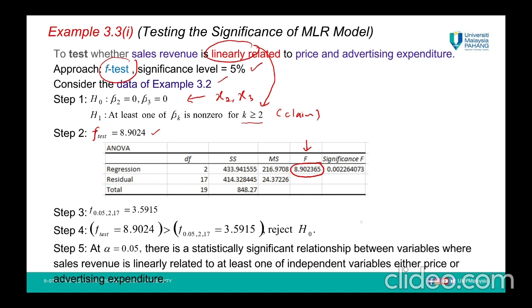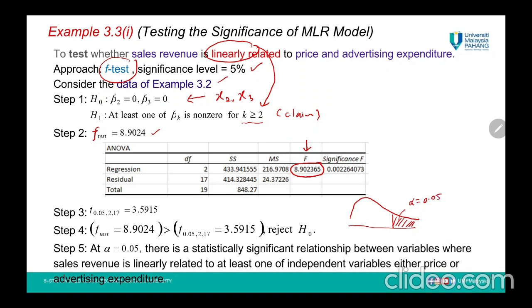Step 3, we want to establish the test criterion. In the test criterion, we want to determine the rejection region and critical value. And for the F-test, the test is always a right-tail test. The value alpha in this case is 0.05.